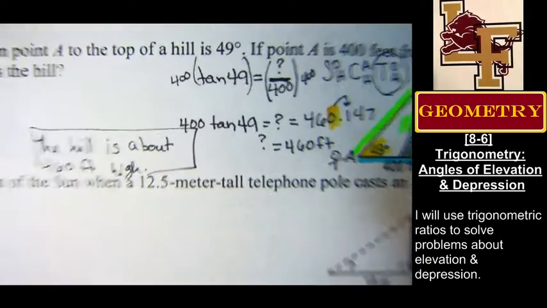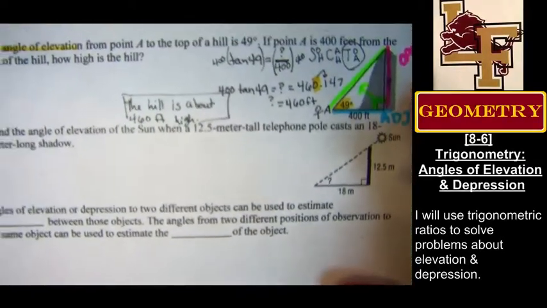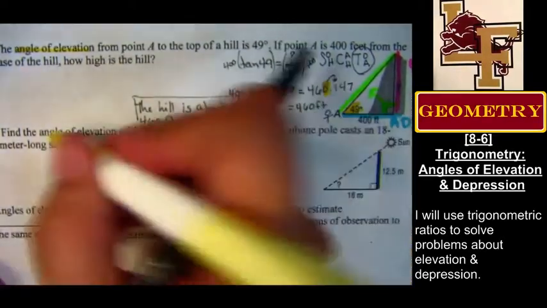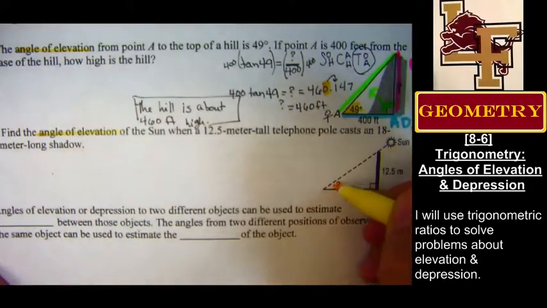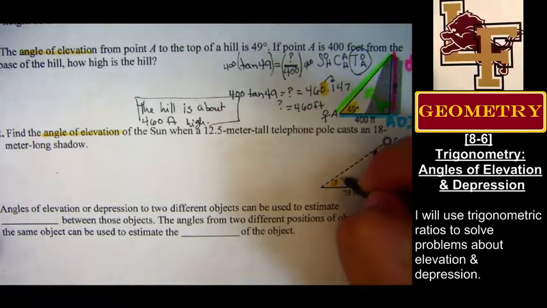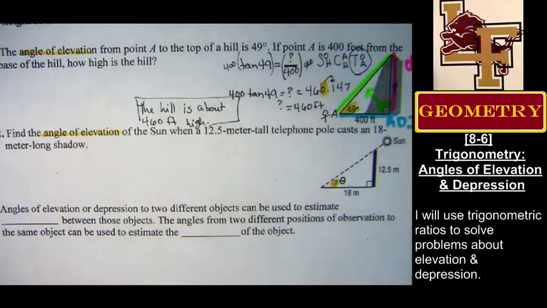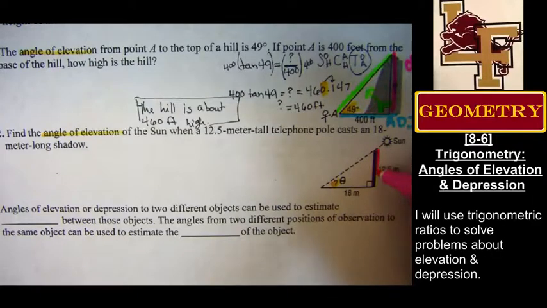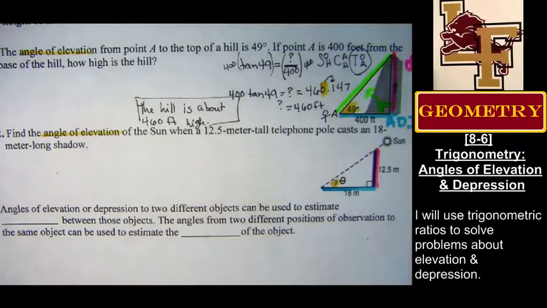All right, let's do number 2 because that has our angle of elevation being the variable. I'm going to actually use a variable. I'm not going to use the question mark symbol. I'm going to use our variable theta, which is our go-to variable for angle measure. So I want to find theta when I know this side is 12.5 and this side is 18.